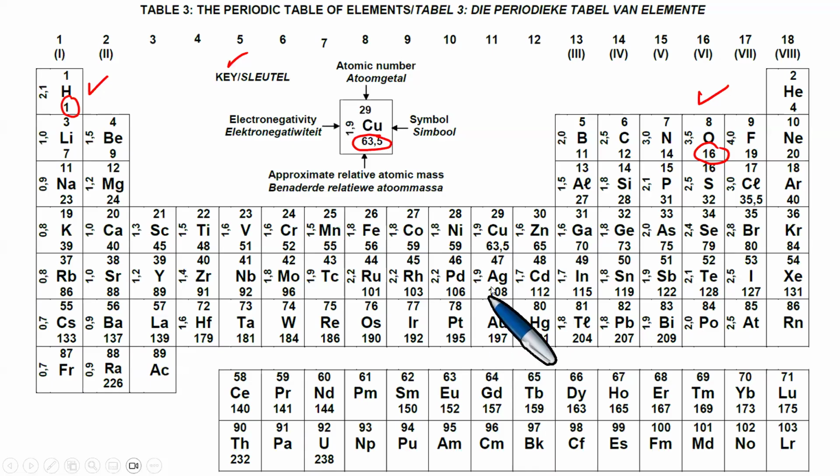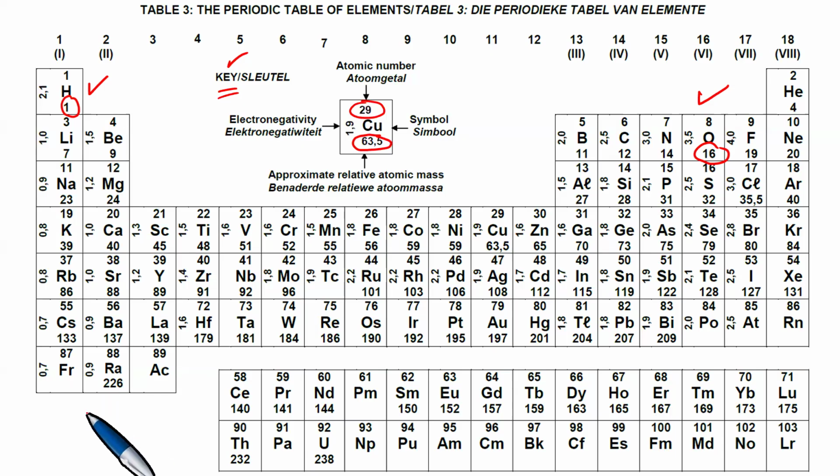If this is the periodic table of the elements, we look at the key and we're looking at the atomic number. The atomic number is what sits here, like the atomic number of copper is 29. There's an element with atomic number 14. Which one has atomic number 14?